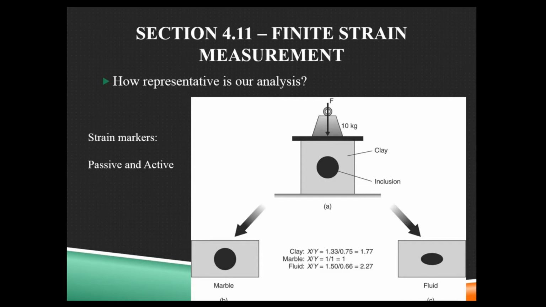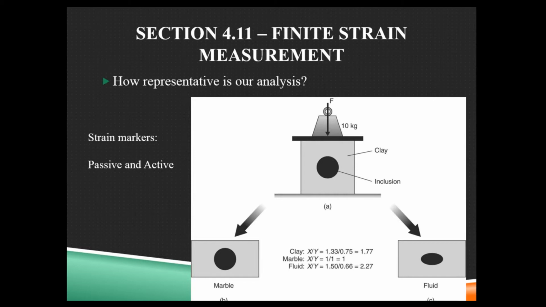Now, if we have a rock and there's something included in it, that inclusion might be similar composition, might be very different composition, might be more rigid, might be less rigid. If we have a block of clay or Play-Doh, and we have a glass marble inside of it, that marble is a lot more rigid than the clay.